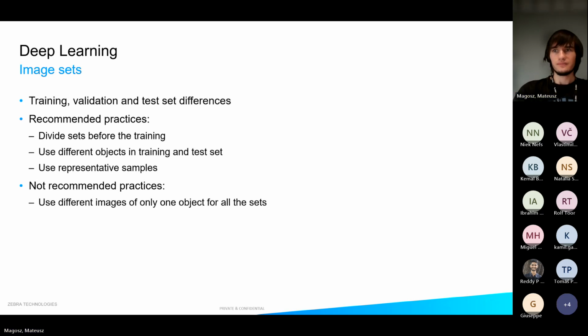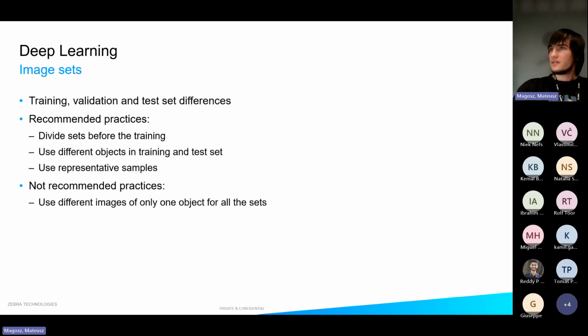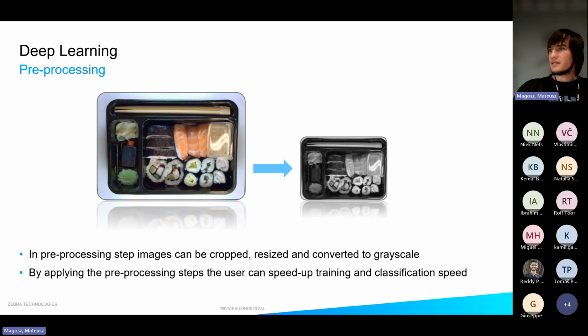But if the border cases are mostly not okay, you should just train on the correct ones. If you want to include the border cases, if you think they are important, you can include them. So that's for the image sets.